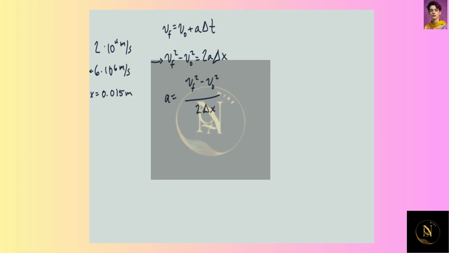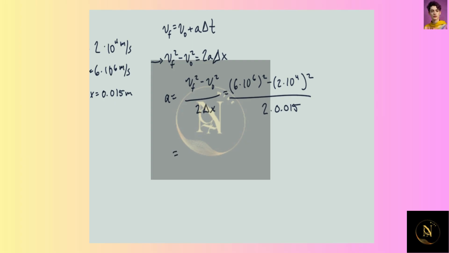So all we have to do is calculate what this equation is asking for. So we would have 6 times 10 to the 6 squared minus 2 times 10 to the 4 squared, all divided by 2 times 0.015.